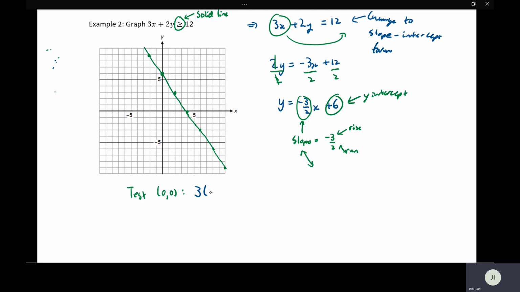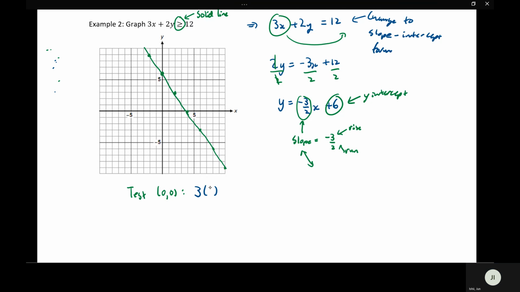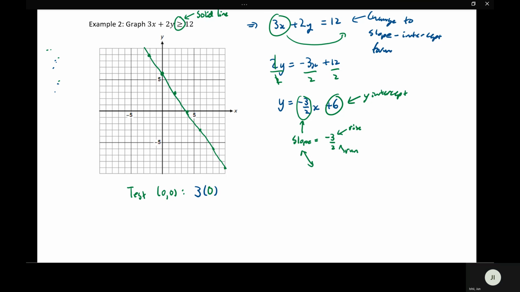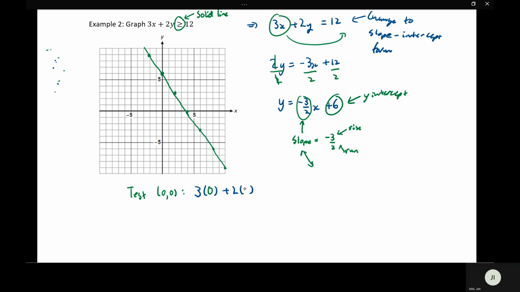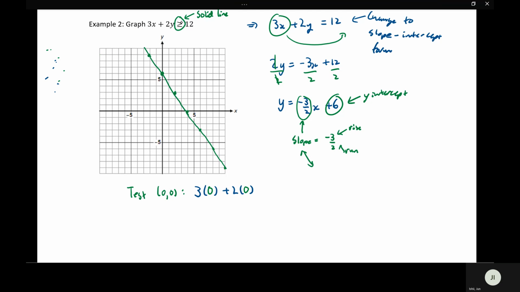I'm going to have 3 times 0 plus 2 times 0 is greater than or equal to 12.